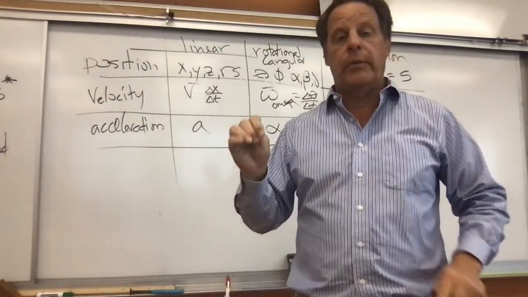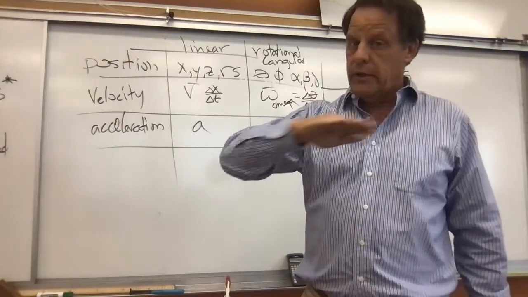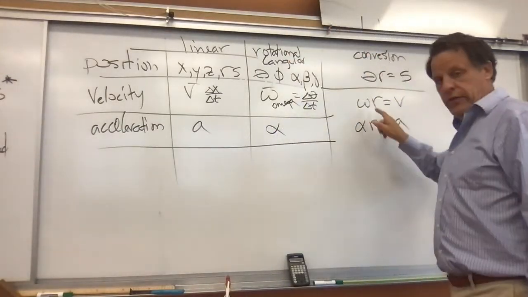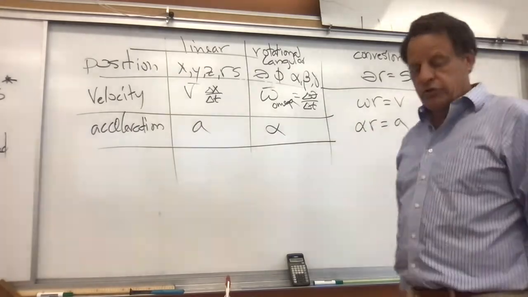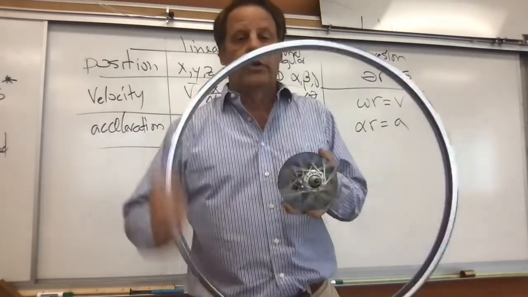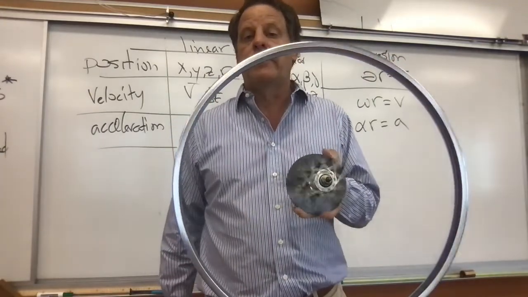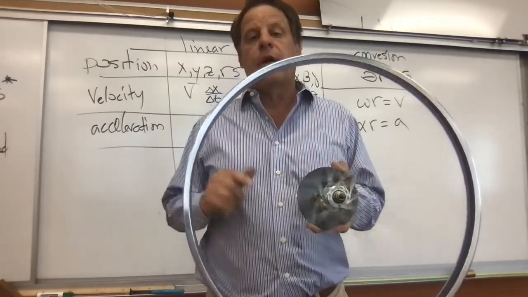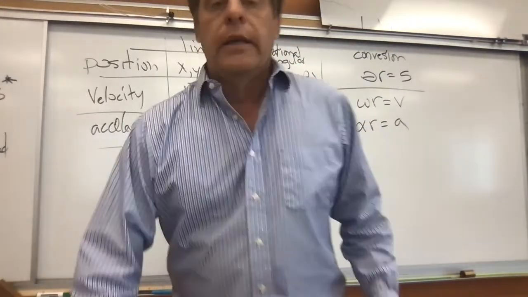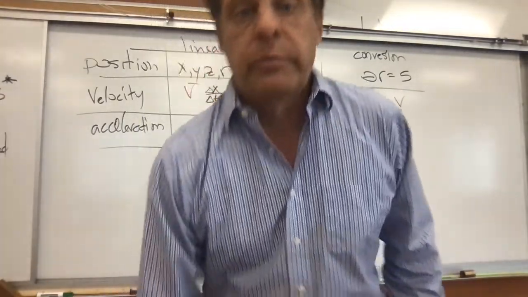So there would be a relationship between the linear and the rotational, which would give us these three relationships. Now it could also move just in place, in which case we have a motion that is purely rotational.